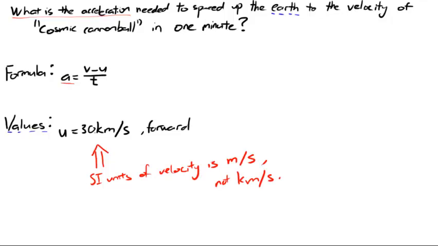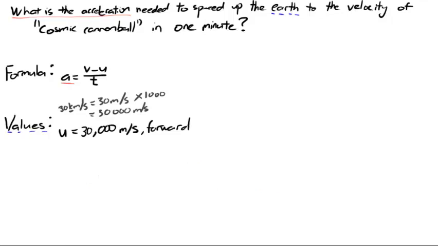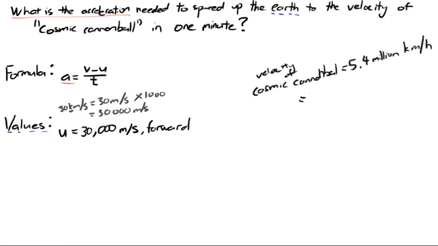Now this is important. Let's convert 30 km per second into meters per second, which gives us 30,000 meters per second. Now the final velocity, the velocity that you want Earth to have, is the speed of Cosmic Cannonball, which is 5.4 million km per hour, forward of course.